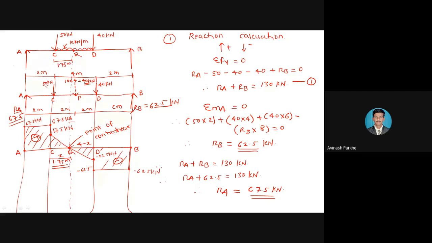One reaction RA is there, another 50 kilonewton point load is there. In addition, to the left side of point Q, this small UDL is also present, which is represented by CQ. जसं D ला पॉइंट मुवमेंट घेताना आपण टोटल 4 मीटरचं UDL कन्सिडर केलं होतं, similarly, while taking the bending moment at point Q, we have to consider the UDL of 1.75 meter.